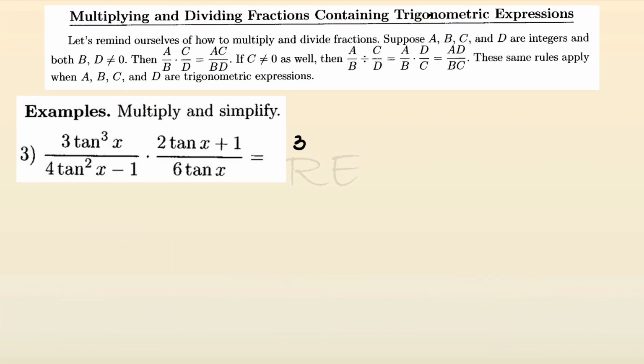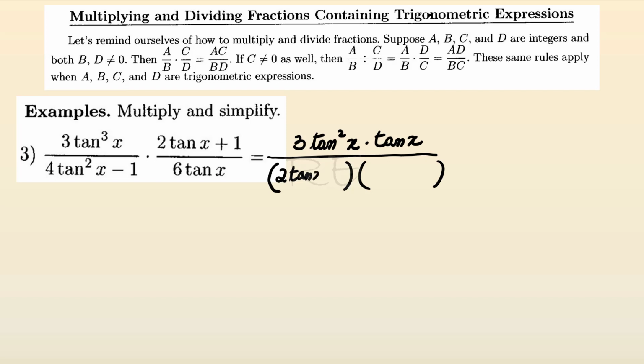Before we multiply, we're going to factor out the greatest common factor. 3 tan cubed x is 3 tan squared x times tan x, and the denominator is a difference of 2 squared.